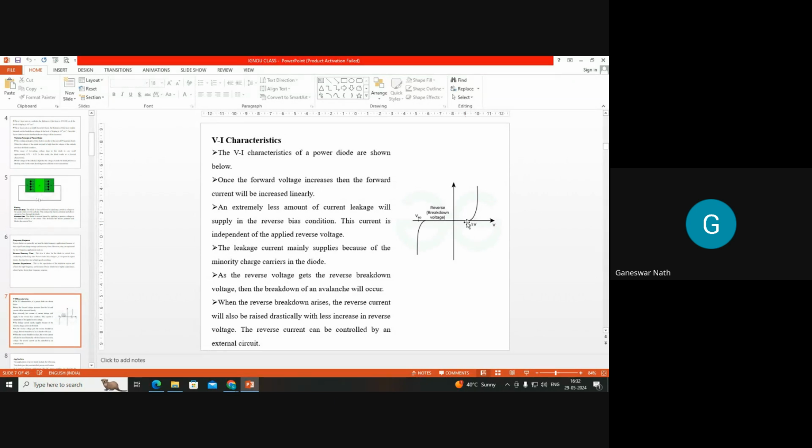Once the material reaches the knee voltage condition, the current increases to a very high value and rises sharply.